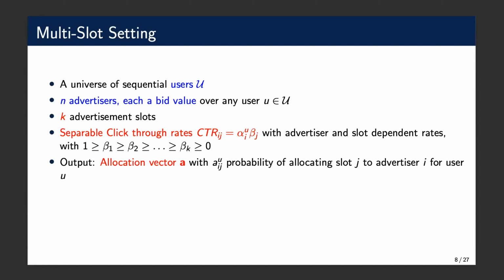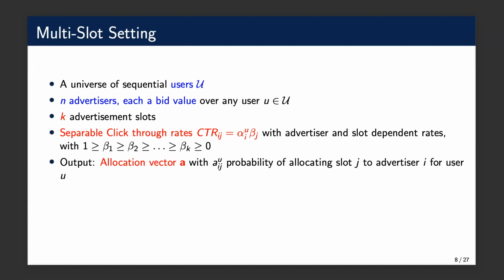And as I said, we assume that all advertisers assume the same probability. So there's a decreasing probability going from the first slot to the k-th slot. And alpha is an advertiser-dependent value where, for each user u, it describes the probability that user u will click on an advertisement generally by advertiser i.